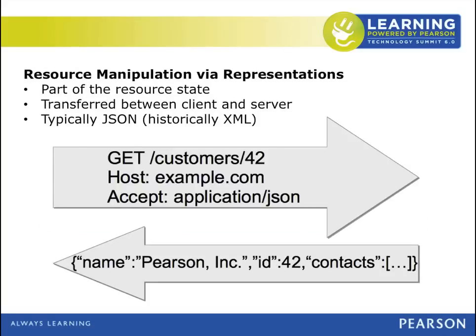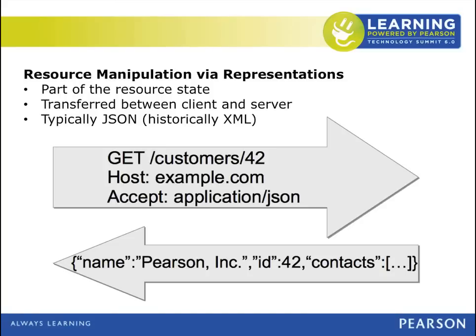All right, resource manipulation by representations. So the state that's going from the client to a server, a REST API, can be just a piece of the state, but we're going to use JSON and/or XML in this.